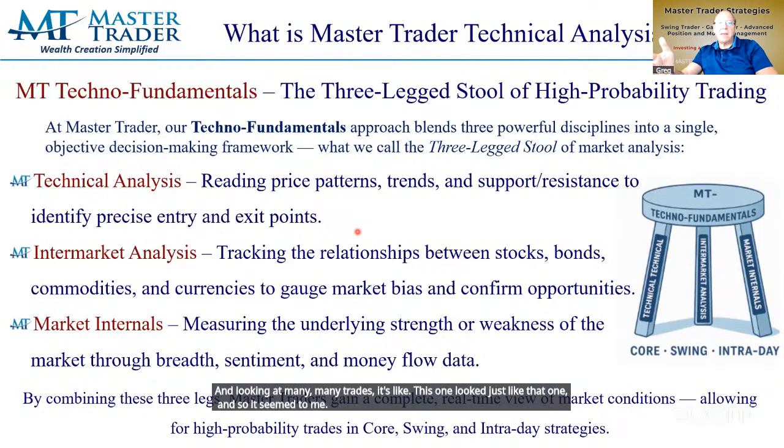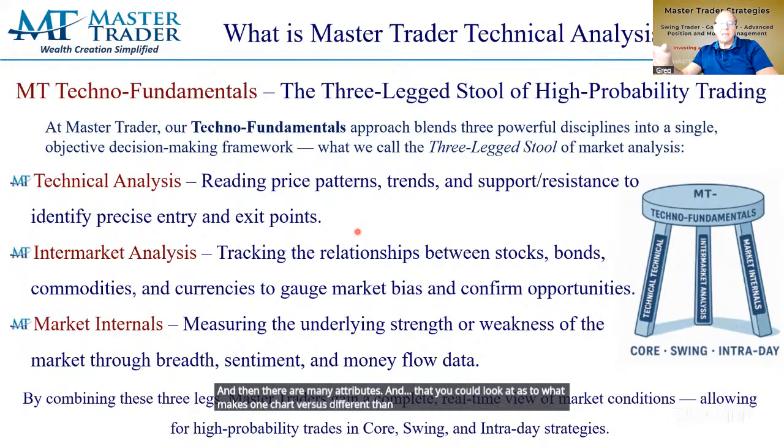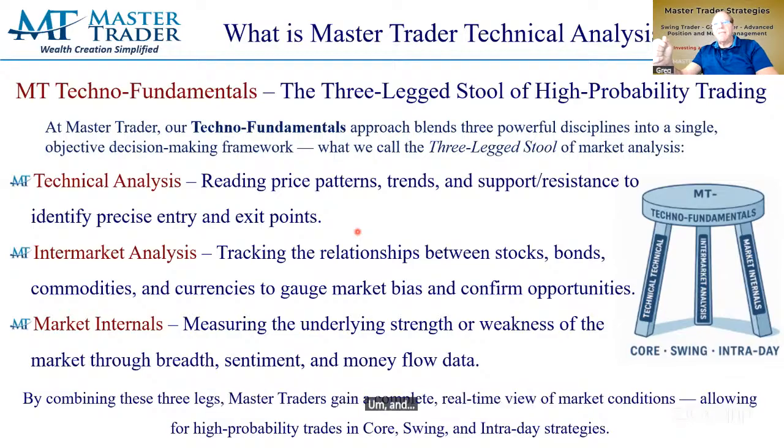And then there are many attributes that you could look at as to what makes one chart different than another. We discussed this in part in the green room yesterday. We have lots of discussions. And what I found was, looking at that, why didn't this one work?